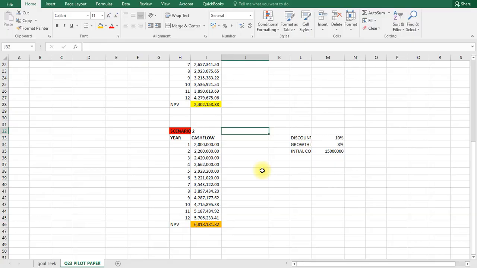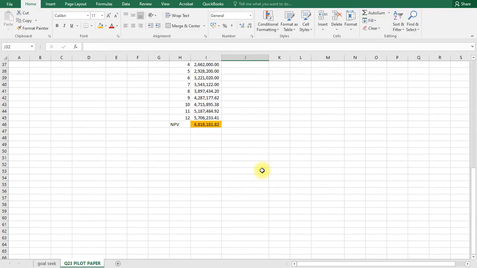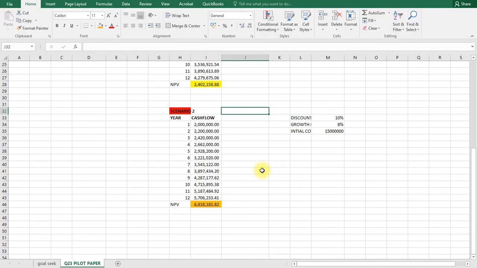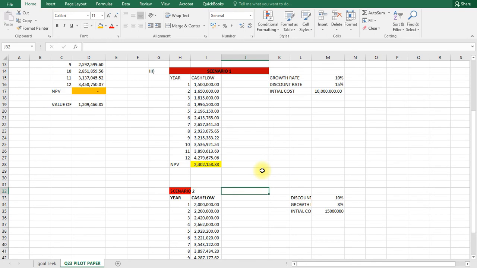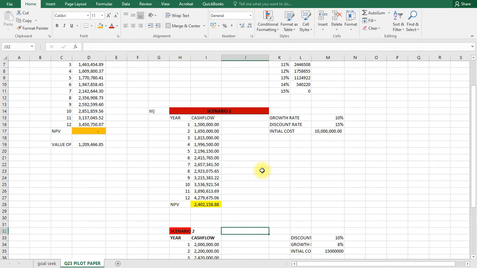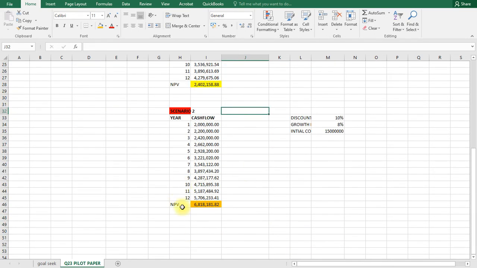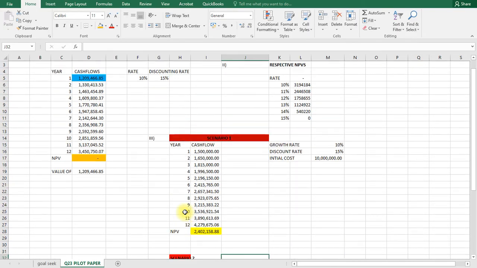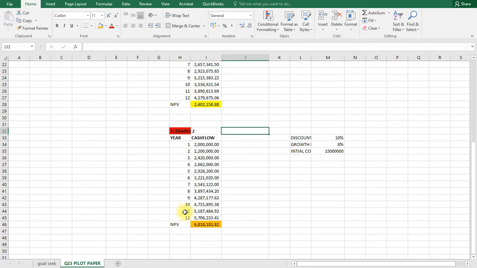Then we have scenario 3. Scenario 3, because we are supposed to calculate the 3 scenarios. Scenario 3, let me just do it here.